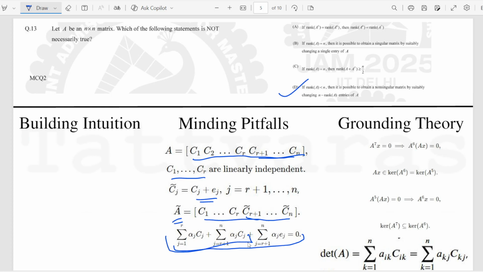Now this first part is completely contained in the subspace of C1 to Cr, whereas this part is contained in a completely separate subspace of these Ej vectors, where j goes from R+1 to n, and this is why this sum can only be 0 if every one of these constants alpha j is 0.